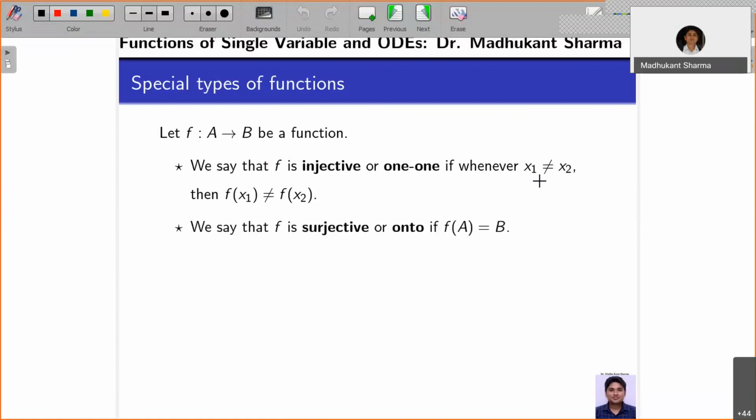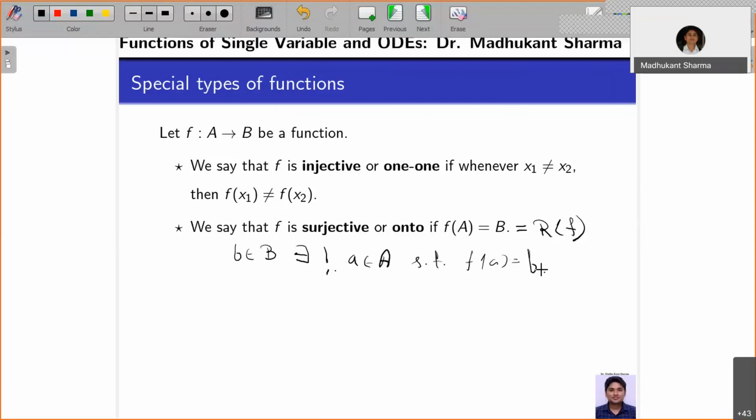Okay, we say that f is surjective or onto if the range of f is equal to B, or the image of the set A under f is actually equal to B. It means you take any element in B, you are always able to find an A in A such that f of A equals B. This is what surjective or surjection means.